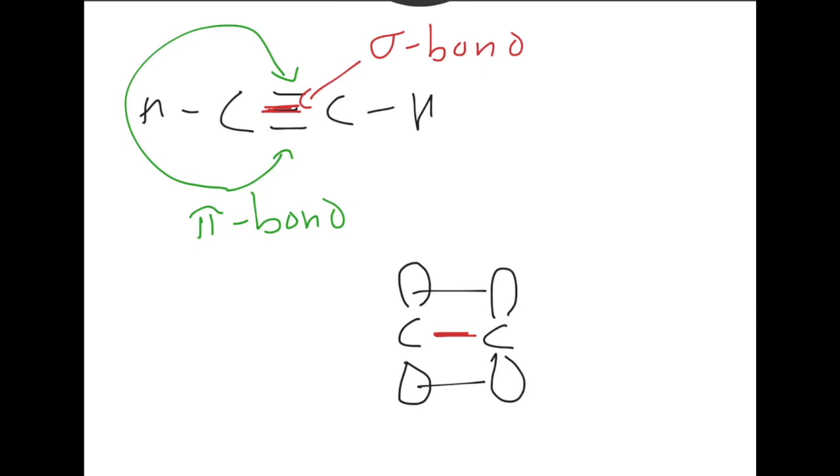Now, the other set of p orbitals is orthogonal to this set of p orbitals. So they are coming out and going back. So then your green p orbitals overlap, but these are at 90 degrees from each other.